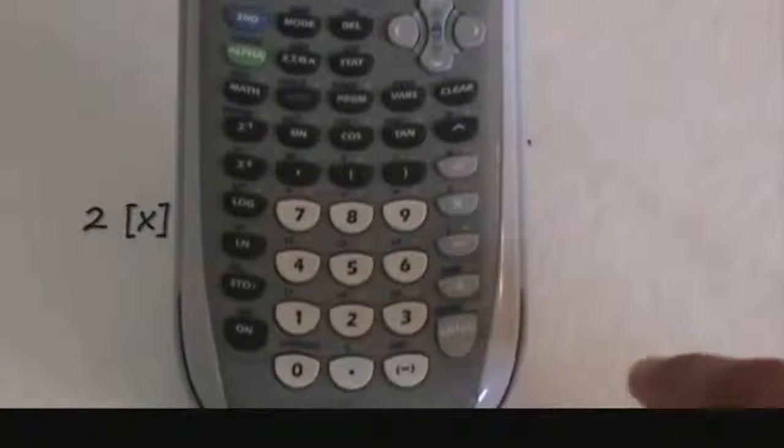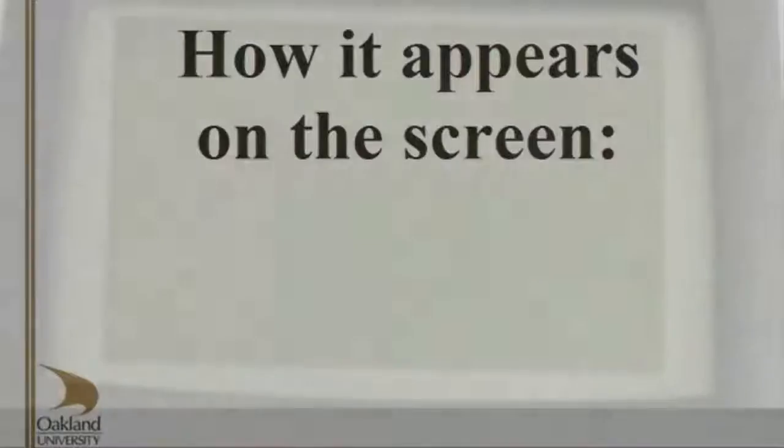If we enter in our equation, we have 2 times our parentheses 3 plus 1 end parentheses, enter will give us our solution. So we'll see how it appears on the screen.